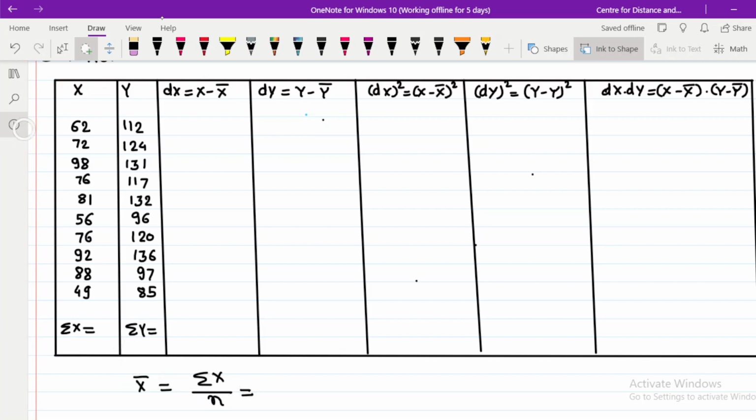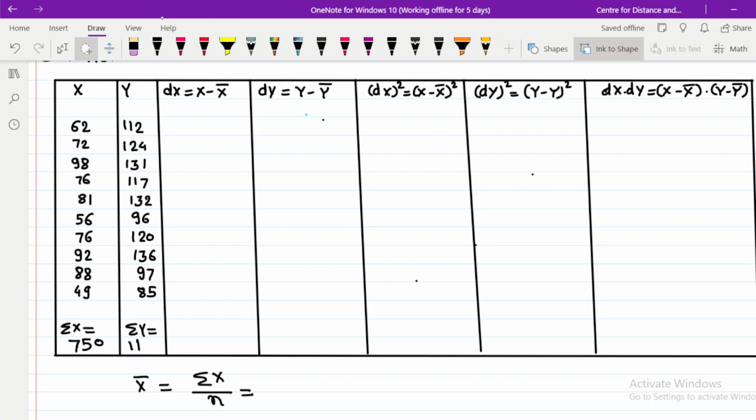For this we first calculate summation x, that is 62 plus 72 plus 98 plus 76 plus 81 plus 56 plus 76 plus 92 plus 88 plus 49. Here the value of summation x is 750. Similarly, calculate summation y.